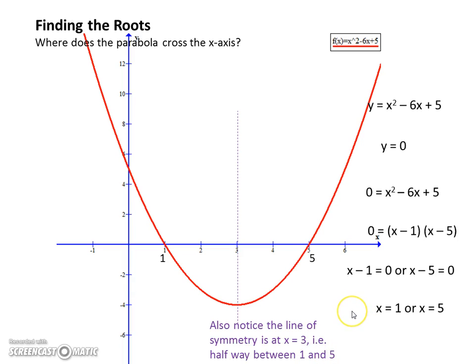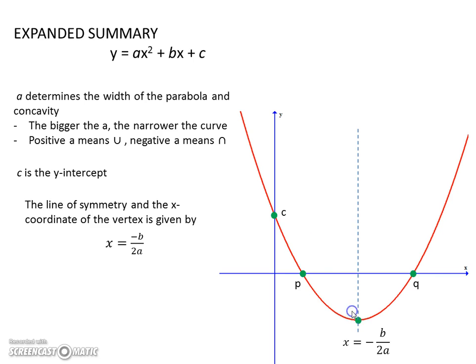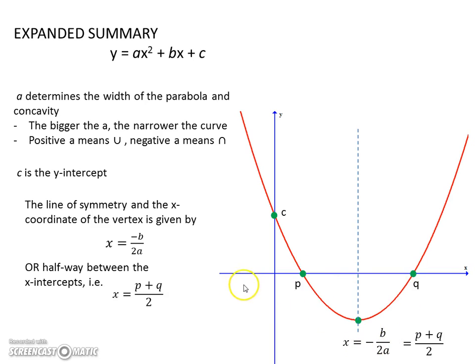So now we've got a new summary. Everything I had before still stays the same, but the line of symmetry, or the coordinates of the vertex, are the average of P and Q, halfway between P and Q. That's another important little fact that sometimes makes it easier.